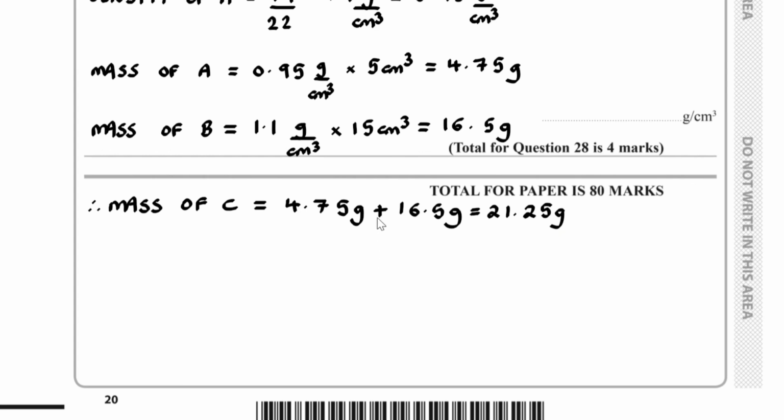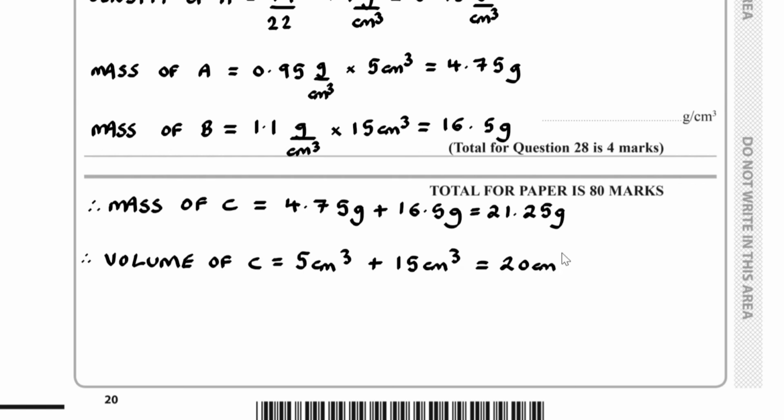So then for the volume of C, what we would have is the 5 centimeters cubed plus the 15 centimeters cubed, and it turns out we get 20 centimeters cubed.